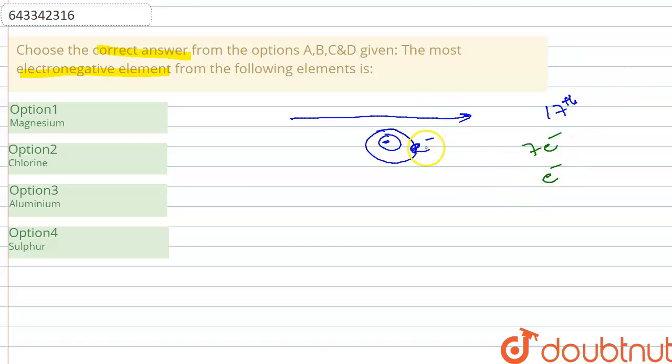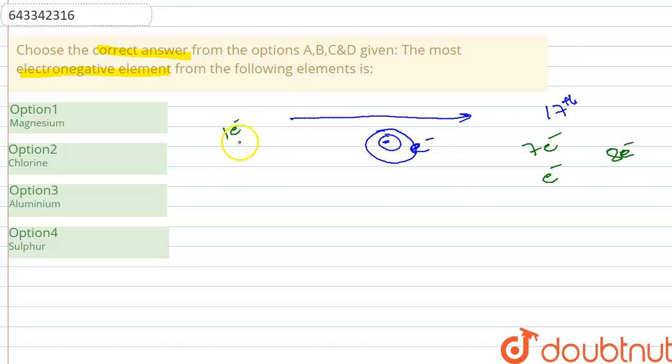So these type of elements will attract electrons very easily towards themselves to complete the octet electronic configuration of noble gases. So at the rightmost side, the electronegativity of the elements is very high, whereas on the left side of the periodic table, we have the alkali metals which have 1 electron in their outermost shell.